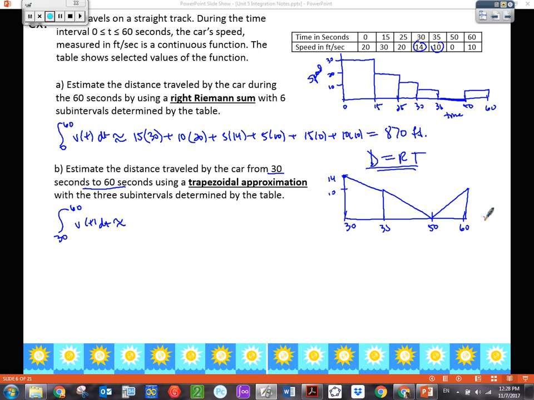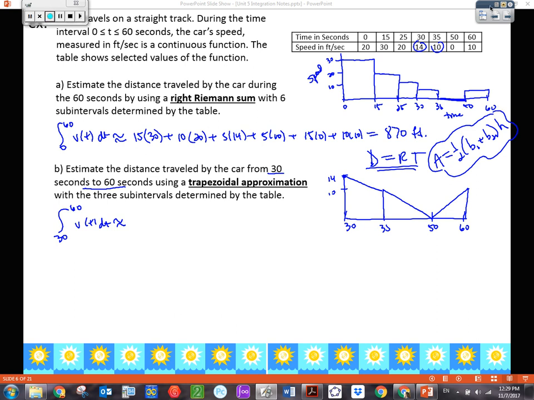All right, so we may or may not remember the formula for the area of a trapezoid. I'm sure we all remember, but I'm just going to write it down in case we don't. The area of a trapezoid is 1/2 base 1 plus base 2 times height. Now we're going to look at these trapezoids a little differently than we normally would.